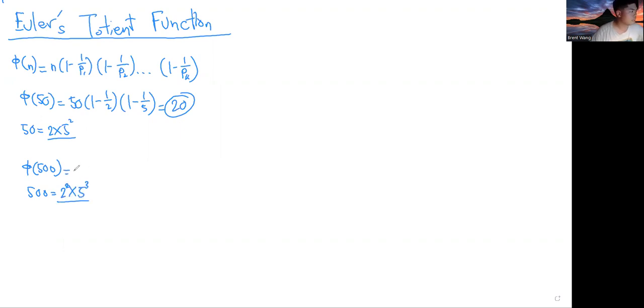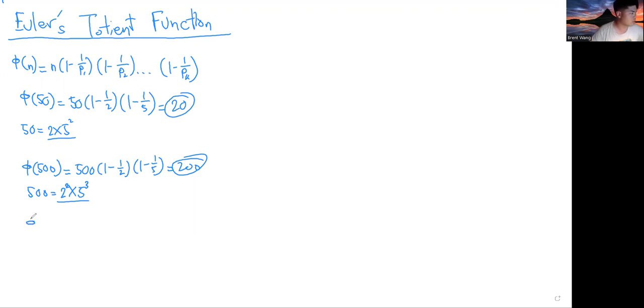It's also equal to 500 times (1 minus a half) times (1 minus 1 over 5), and this is equal to 200, but that doesn't really matter. The point I'm trying to illustrate is it doesn't matter what power 2 or 5 is raised to, as long as 2 and 5 have been used at least once in the prime factorization of the number n.